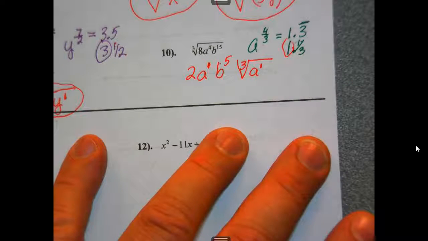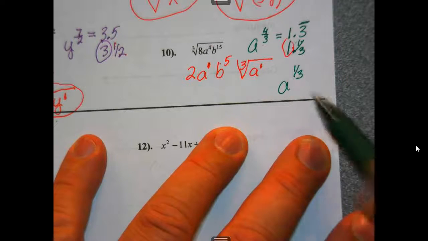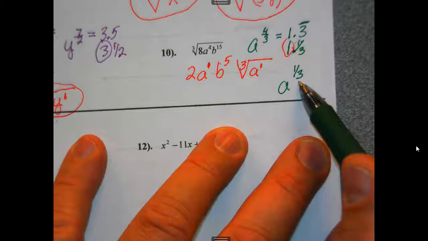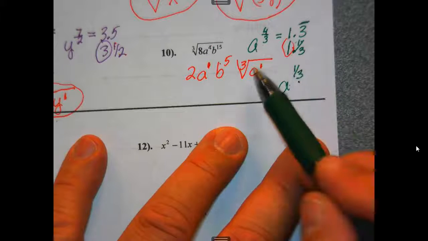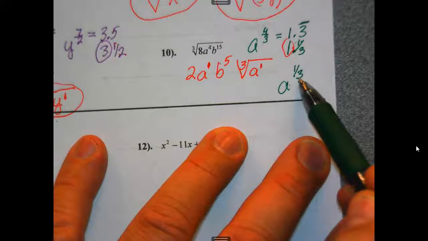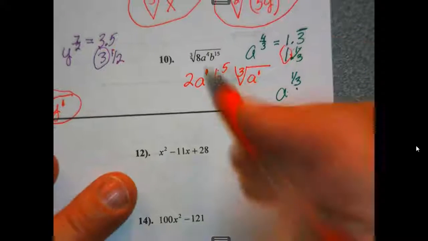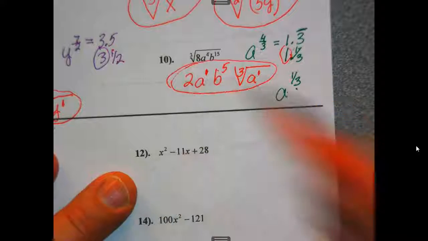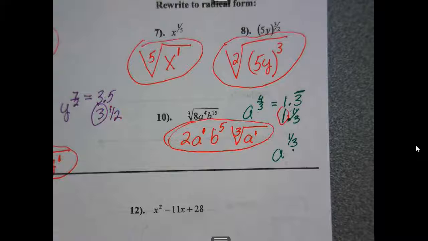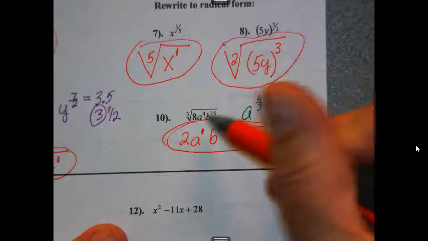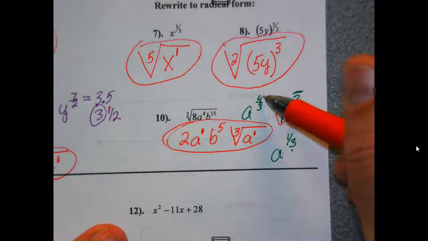Now I'm changing a to the 1/3 to radical form. So I'm going to put a to the first, because the 1's my numerator, a to the first, 3 is my root. Okay. So this is my answer. The 4 is the exponent here. Remember, it's the exponent divided by the root.